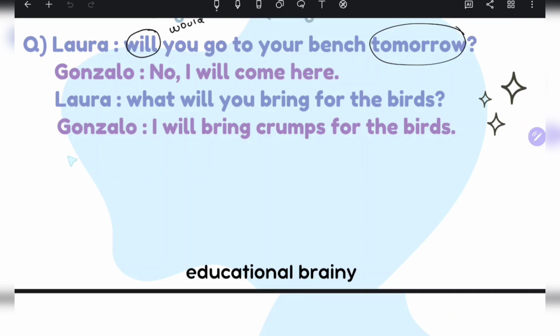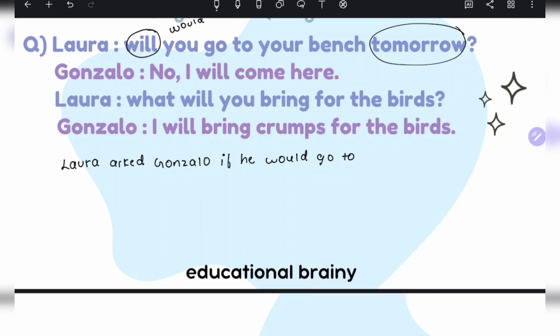Laura asked Gonzalo. Because she's speaking to Gonzalo, you have to write Laura asked Gonzalo if he would go to. See, "will" you have changed to "would", and "he"; this is something important to be noted.